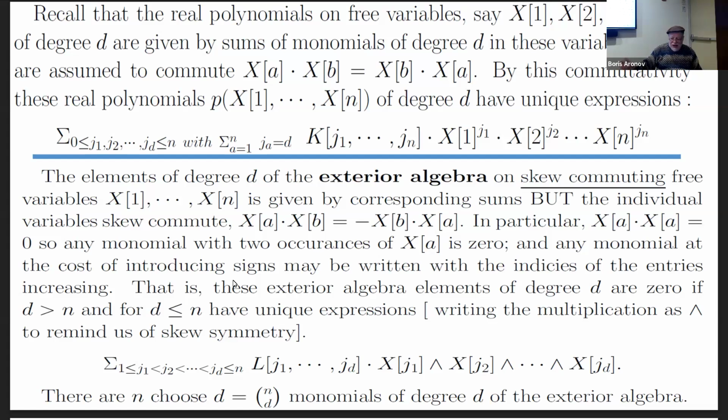Okay? And in fact, you get monomials of degree d, and the number of monomials of degree d is the combinatorial at the bottom of this page, n choose d, like that. That's the number of terms. So that's the size of the homogeneous part of the exterior algebra of degree d. If you add it all up, by the way, the sizes of all of these, you're getting the sum of a row in Pascal's triangle.